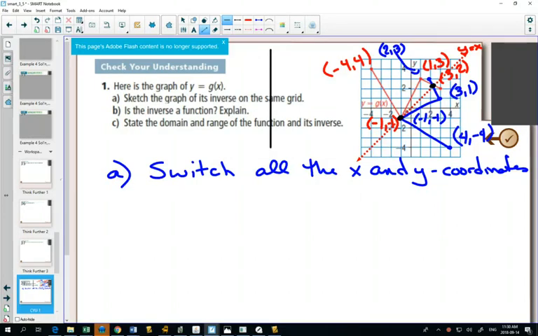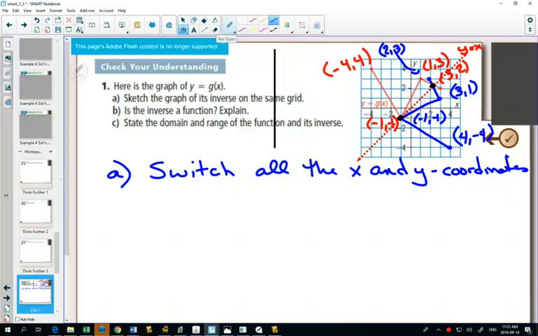The vertical line test says if you take a vertical line and move it from left to right, and it touches the graph more than once, it's not a function. So the blue one is not a function. The red graph is always only hit once by the line, so the red graph is a function.